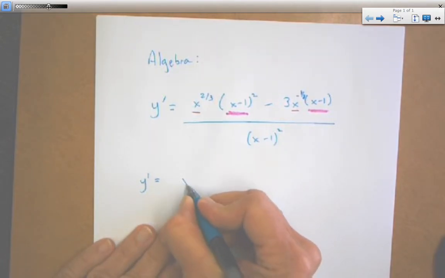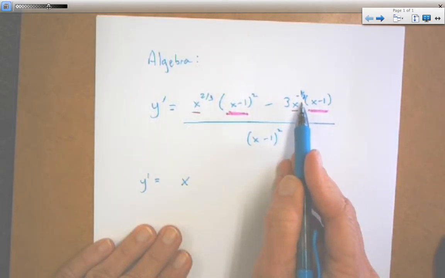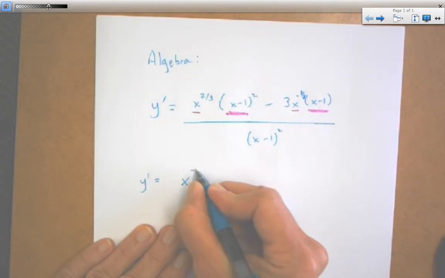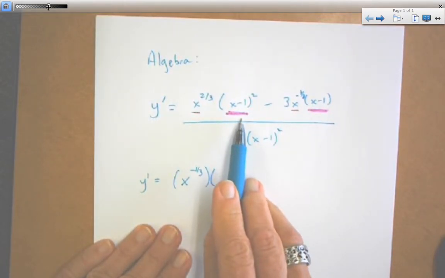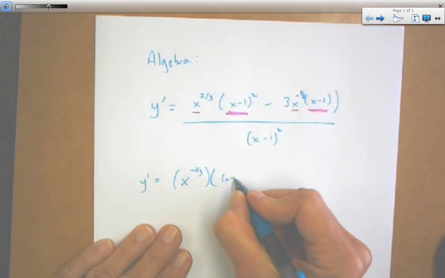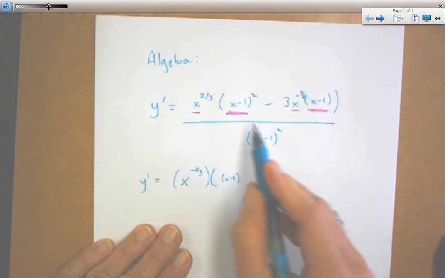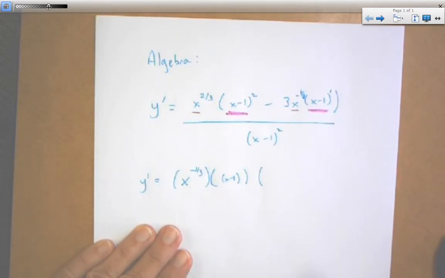So my base is x. I have to compare 2/3 and negative 1/3. Negative 1/3 is my lowest exponent. My next common term is x minus 1. So I'm going to take out an x minus 1. But my lowest exponent is 1. Now I have to subtract exponents.